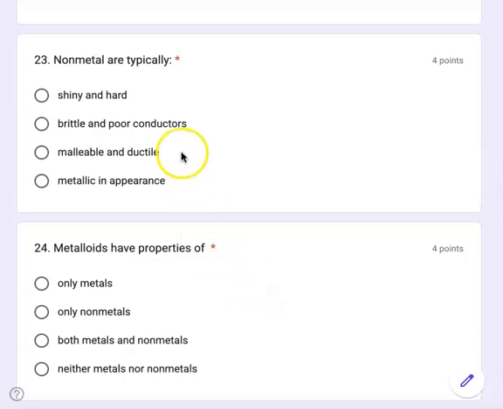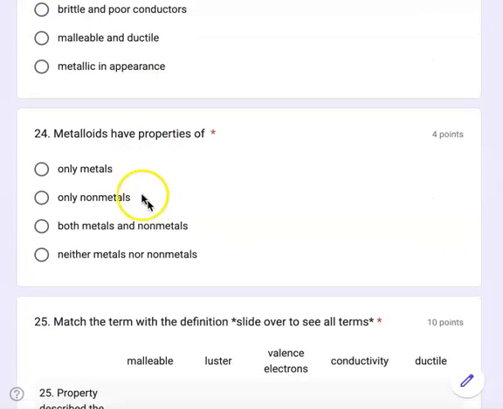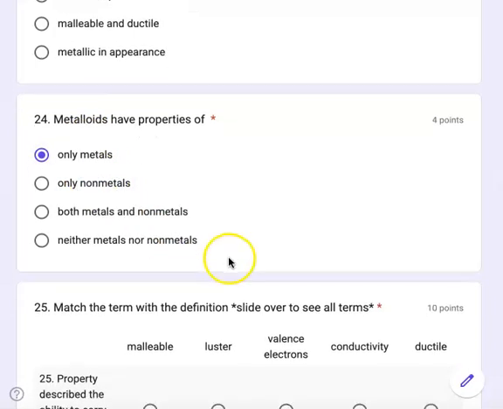Non-metals are typically shiny and hard, brittle and poor conductors, malleable and ductile, metallic in appearance, meaning that they're shiny, like they're metal looking. 24. Metalloids have properties of only metals, only nonmetals, both metals and nonmetals, neither metals nor nonmetals.